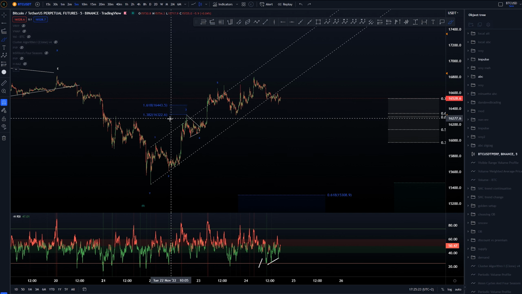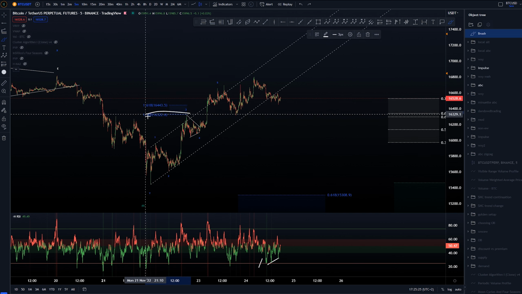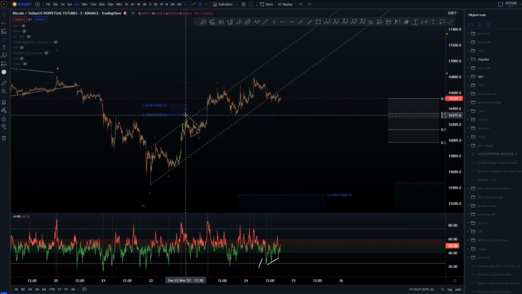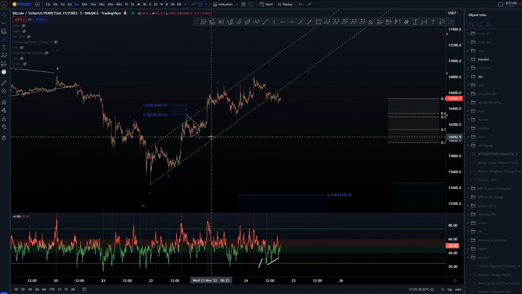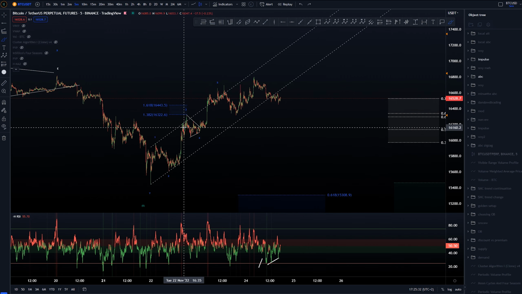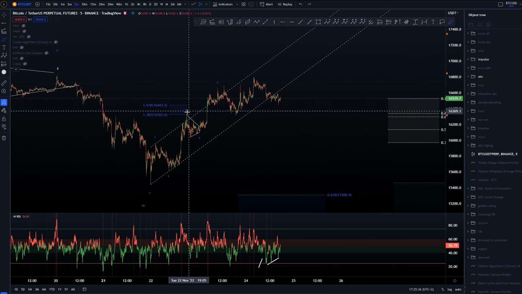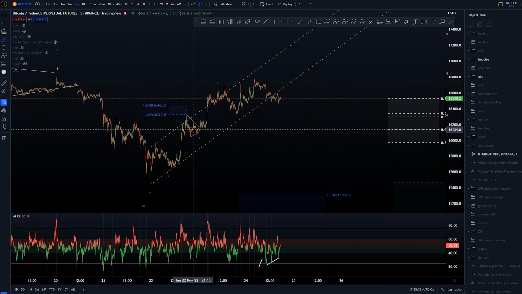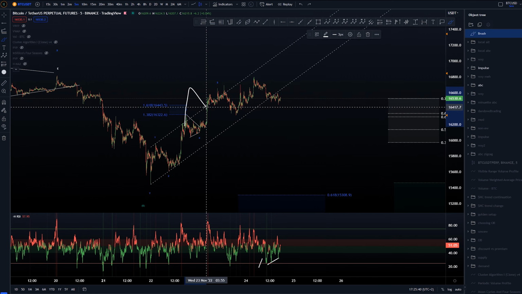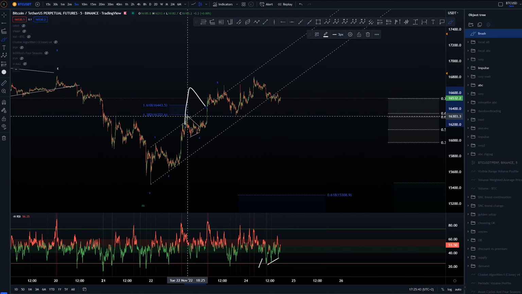I mentioned the issues that this count had, which was that we did not even hit the 1.382 extension for that third wave, and also that the base channel here is barely broken, which is generally what we definitely want to see broken and getting a backtest on if this was to be a third wave.